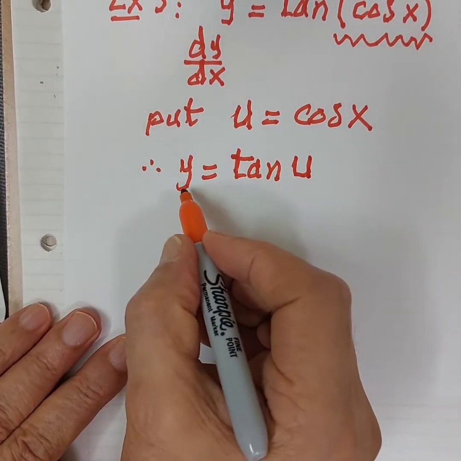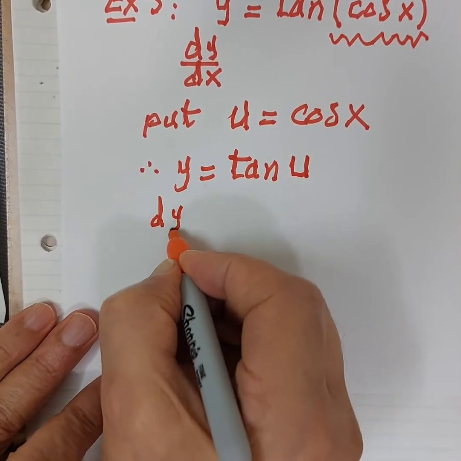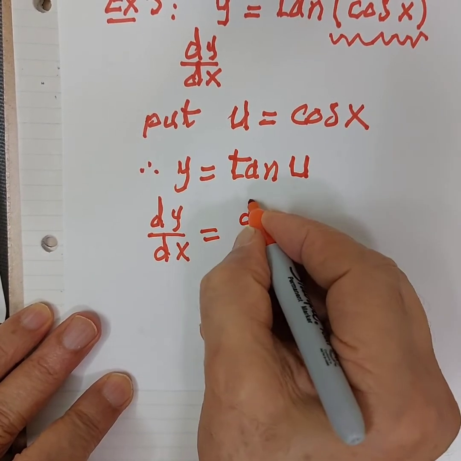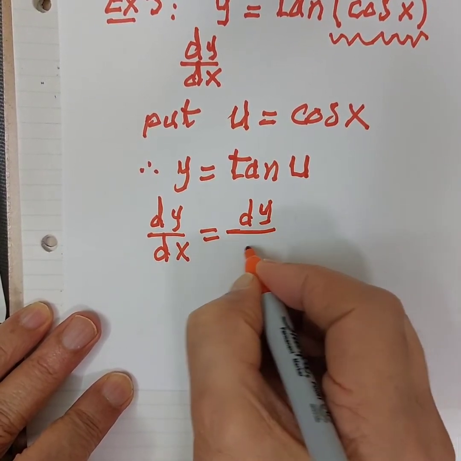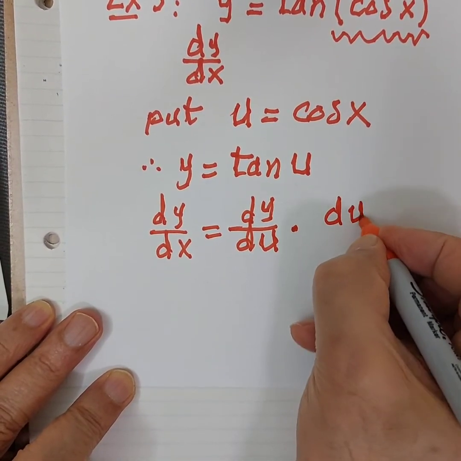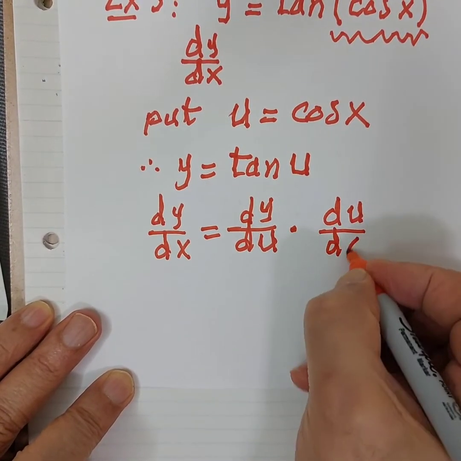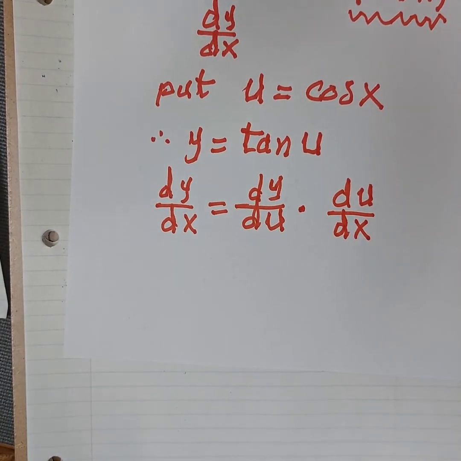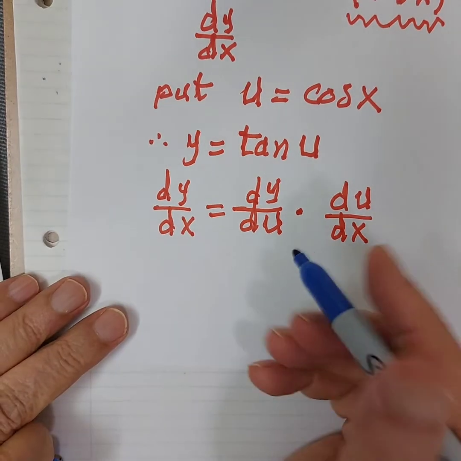Then to find dy by dx, we just multiply dy by du times du by dx. The chain rule. So we'll carry on this.